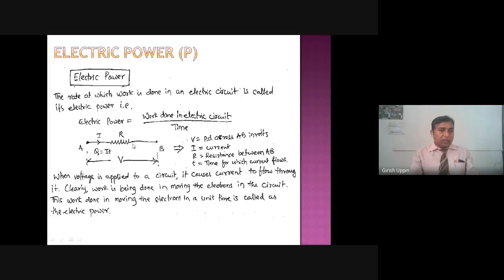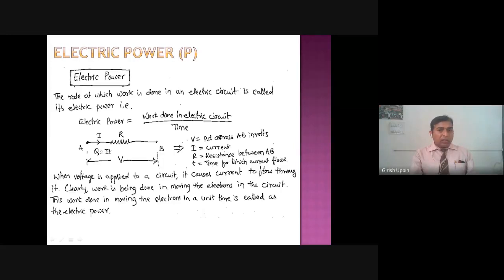We have a resistor, nodes A and B, the voltage across this resistor is represented by capital V, and the current that is flowing is I. So how much electric charge is flowing? Q is equal to I into T, because we know I is equal to Q by T. V is the potential difference or the voltage across AB in volts.